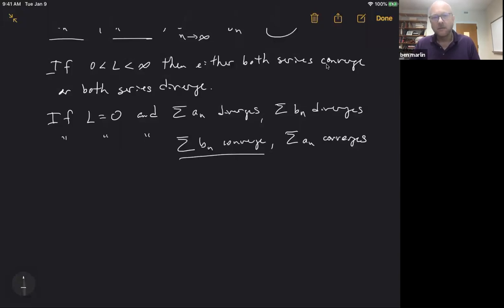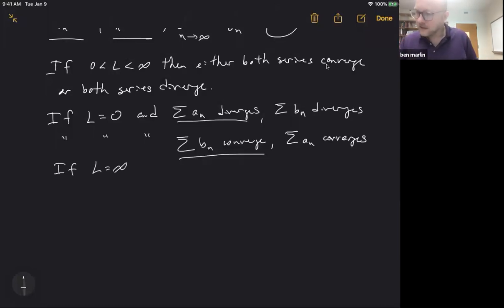And if the ones that were being divided by, if those converged, it wouldn't tell me anything about the ones that were being divided. So it is a little hard to keep track of, but I usually just use it in the first case with a positive and finite version. But if you're using something from the textbook, then you have some extra cases.